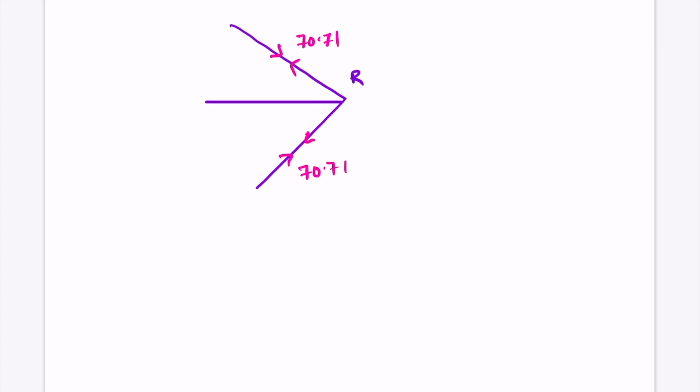So if we draw this joint R here, let's call this joint number R. We know that this force is 70.71. This force is also equal to 70.71. There is also one more member here, that is FQR.